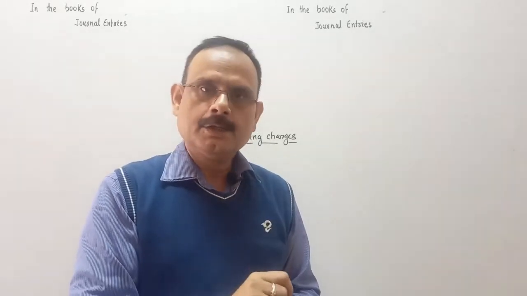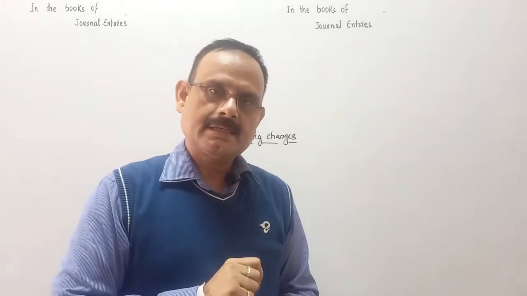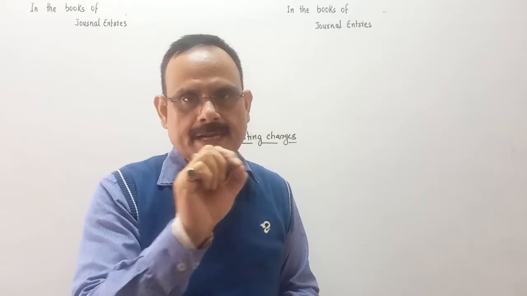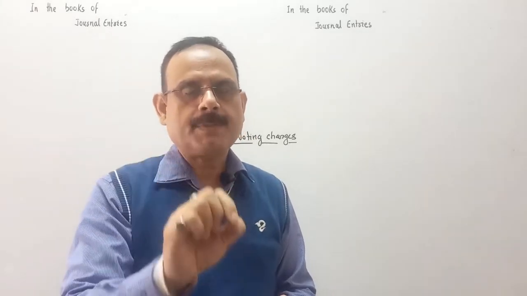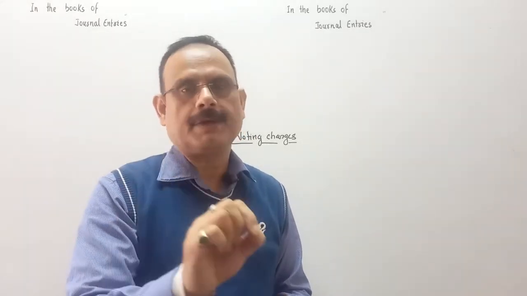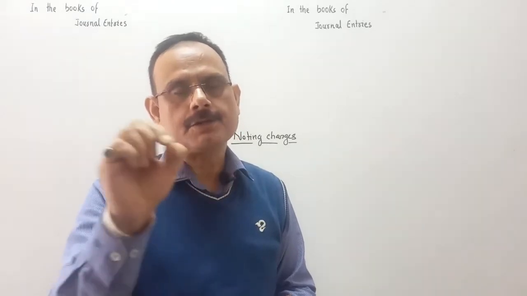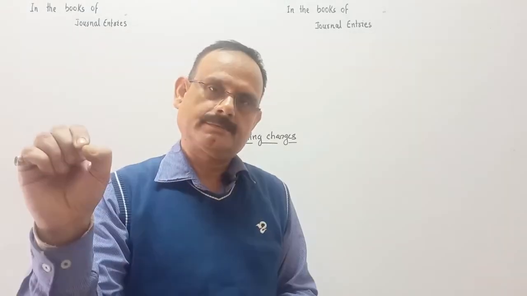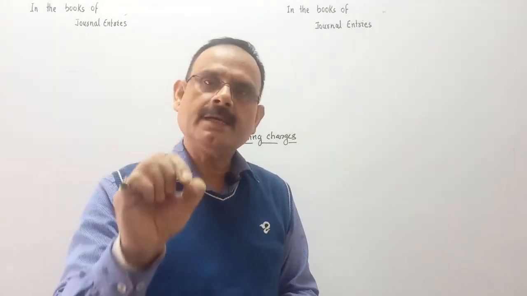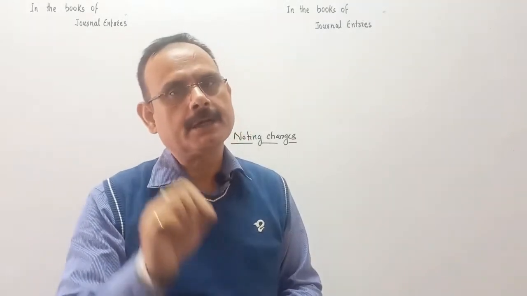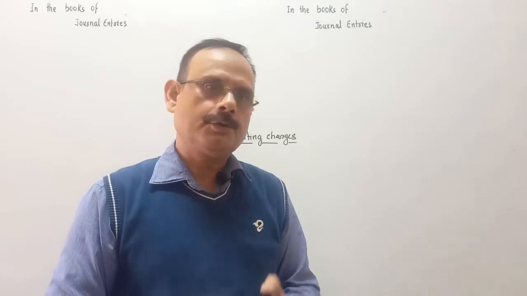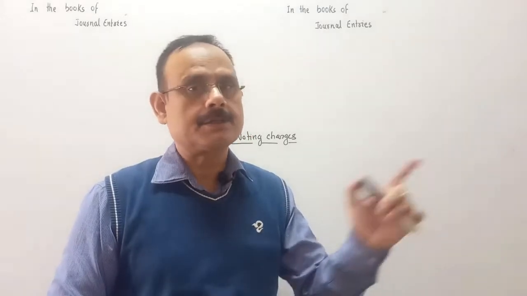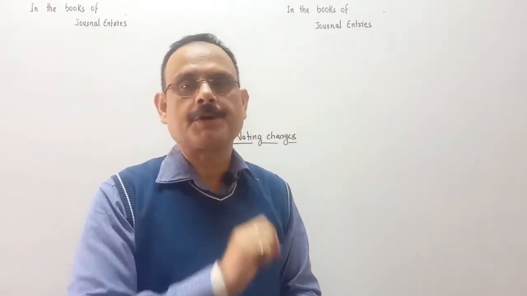Is it clear? So noting charges are paid to the notary public for noting the statement of the drawee regarding the dishonor of the bill in the bill of exchange. The notary public is a lawyer appointed by the court. It is an expense from the drawee's point of view, but not from the drawer's or holder's point of view.